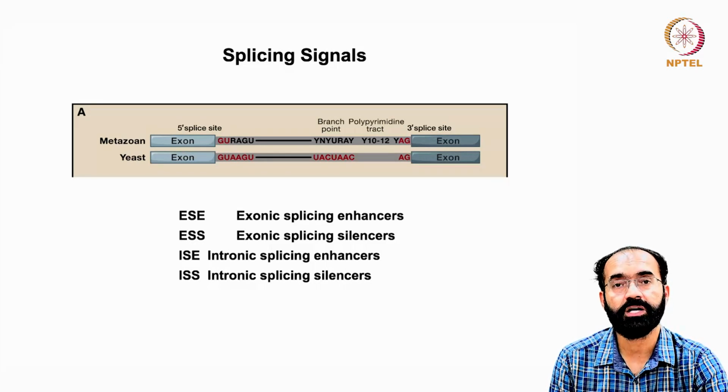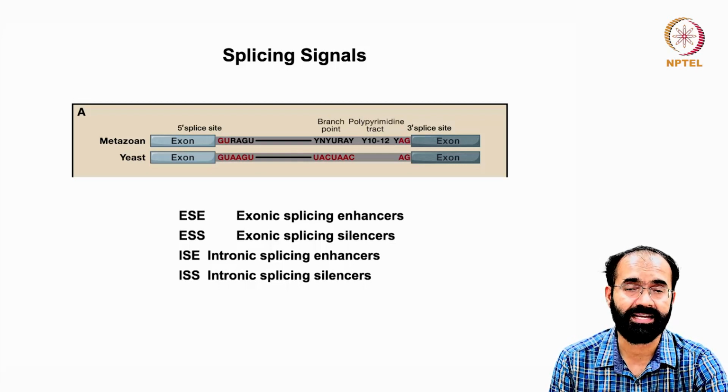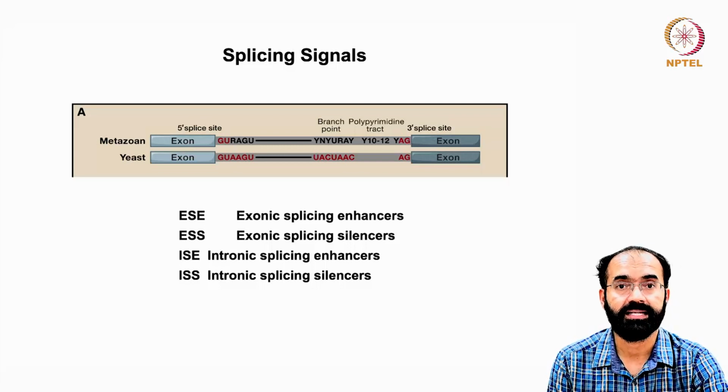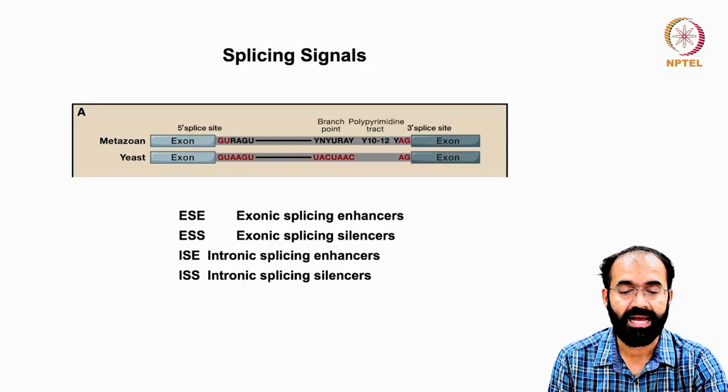So from this, what do you understand from these four categories? The name itself indicates Exonic Splicing Enhancers. So these are sequences that facilitate the splicing event, and there are Exonic Splicing Silencers.